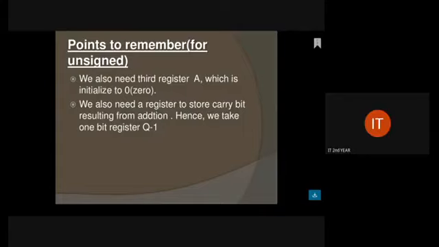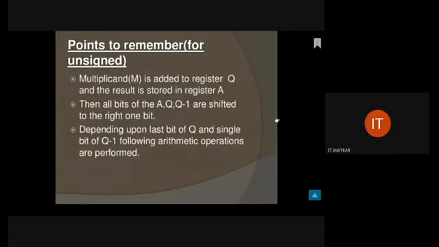This accumulator is initialized to the value 0 while we are dealing with Q and M. We also need a register to store the carry bit resulting from addition. However, we can take one bit of register Q minus 1. This is a very important point that we will see while dealing with the sample examples.